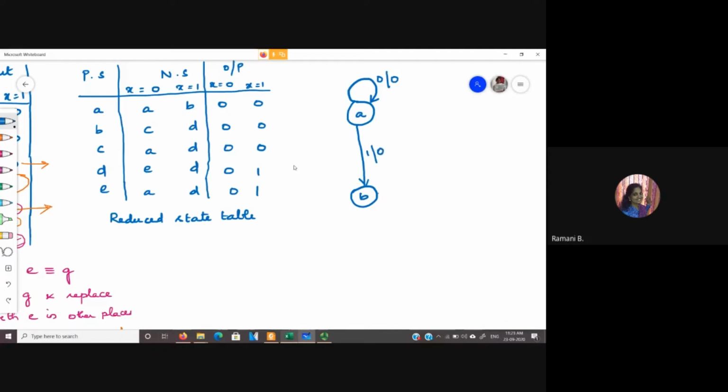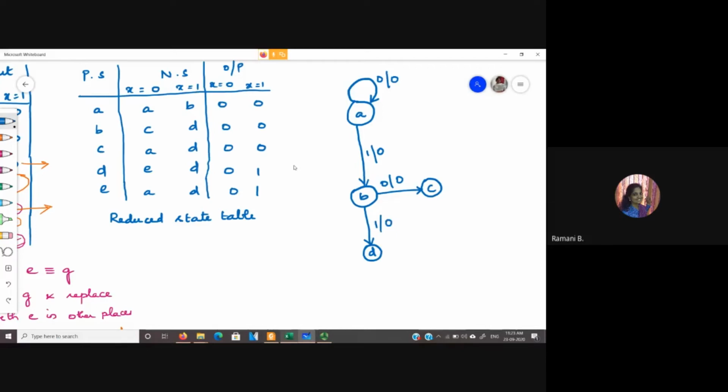Next, for input 0, I move to state C, and the output is also 0. For 1, I move to state D. So this is 1 slash 0.